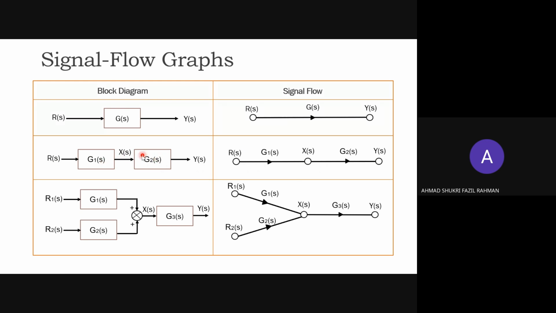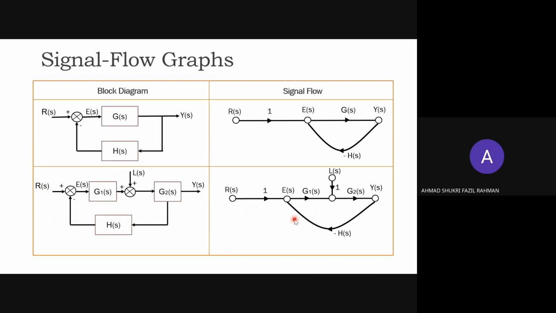If we have 2 signals, there will be 2 nodes. Except here, this one should be 3 nodes. Same goes here: 3 systems, so there will be 3 branches, and signals 1, 2, 3, 4, so there will be 4 nodes. We have 4 signals, so there should be 4 nodes.